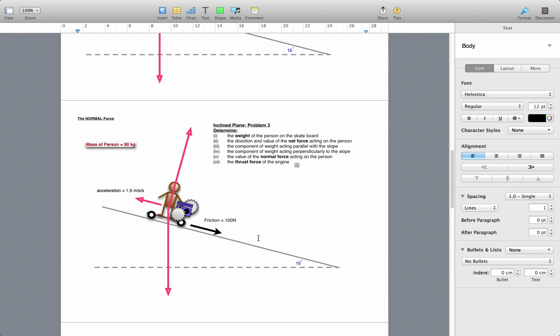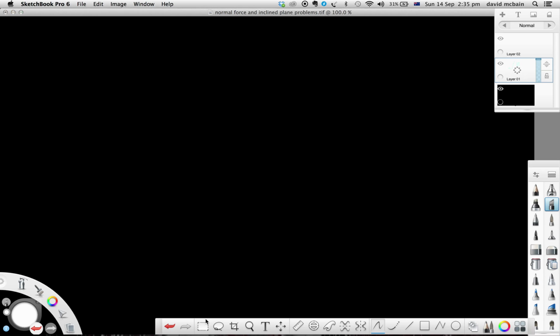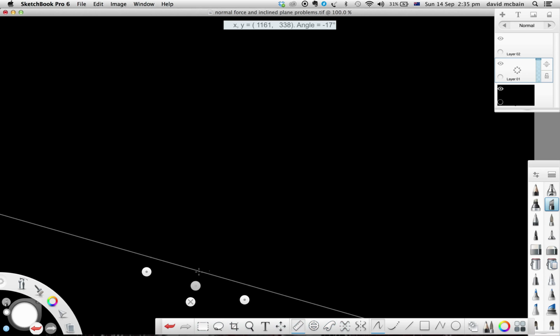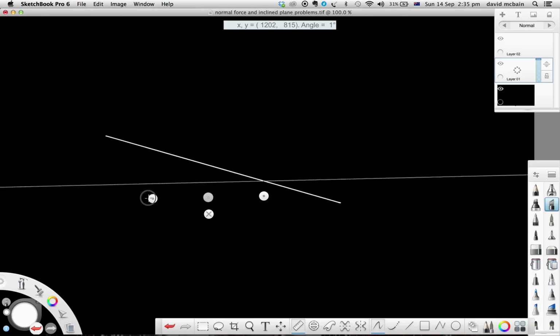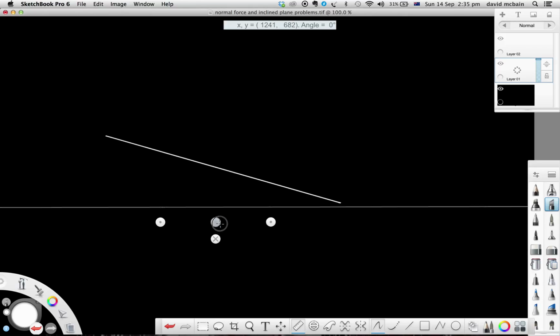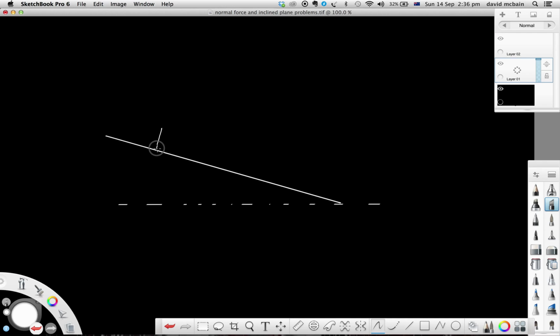Okay, so let's draw that. There's our ramp. And there's our so-called skateboard, just a little block.